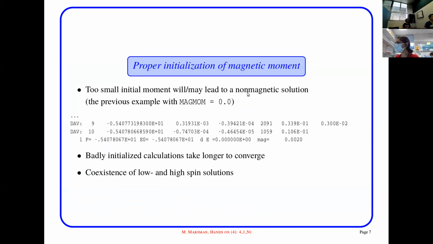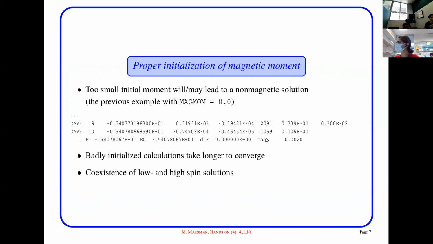Okay, so the whole point is to tell you, look, whenever you have a magnetic moment, you want to be sure that you are properly going to the right physical state, so you need to have a good initial guess. If you make a wrong initial guess, like magnetic moment equal to 0 for nickel, that means that your system will not be magnetic.